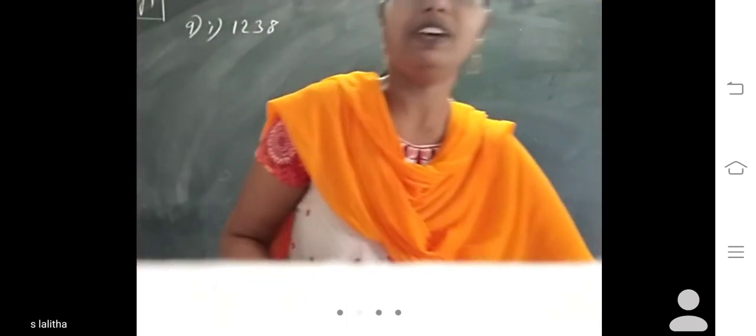So first one. What is the first number? 1238. You have to check whether this number is divisible by 8 or not. What is the rule? We have to take the last 3 digits. It's 238.